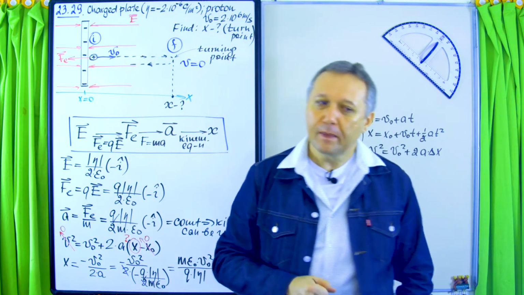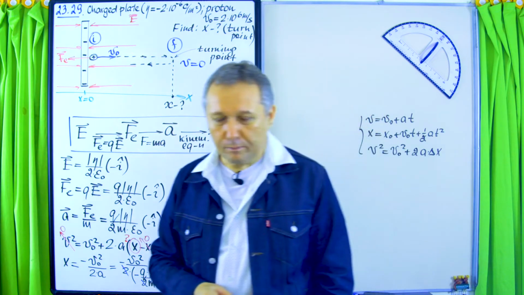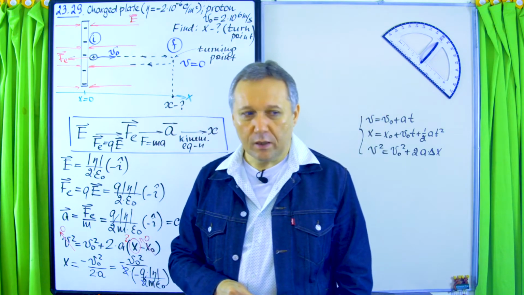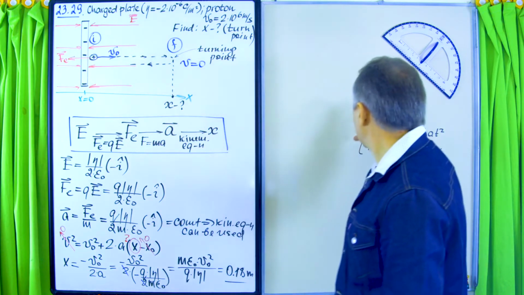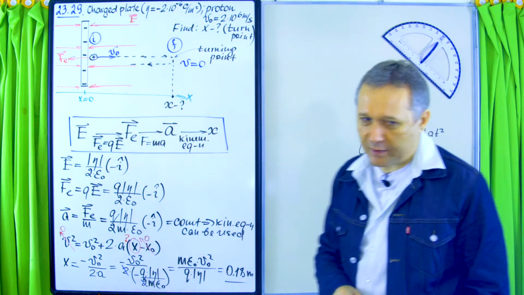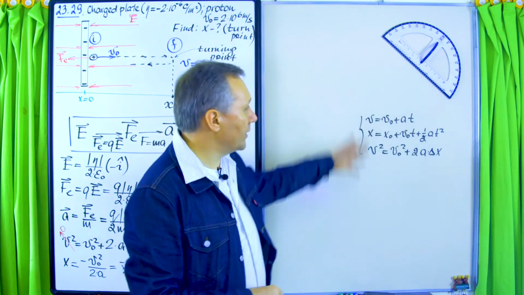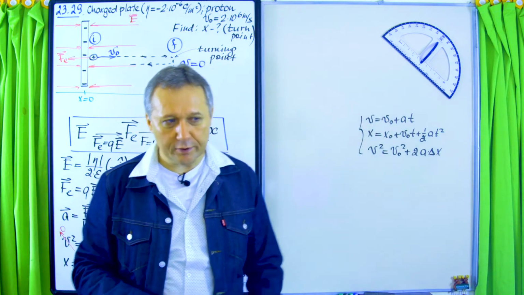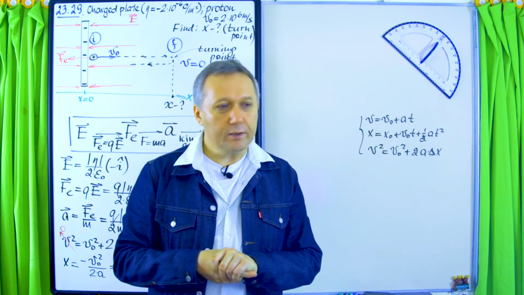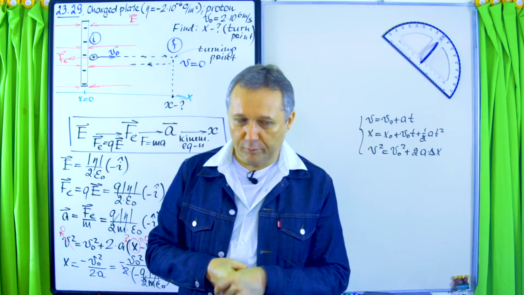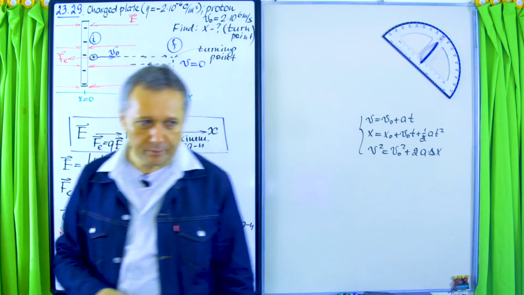But that's not the major feature. The major feature is that we derive them when acceleration is constant. If acceleration is not constant, it will be illegal to use them. You will have to integrate Newton's second law, which is basically a second order differential equation.